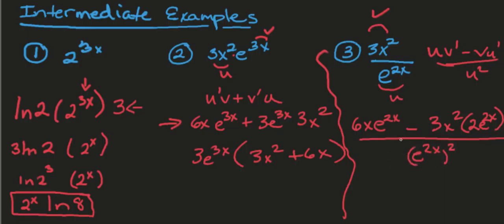Now if you're asked to simplify in this case, I would probably factor out the 6. There's an x, and then there's an e to the 2x. That would leave behind a 1 right there. Take all of this, divide by all of that, and you'd be left with, looks like an x.